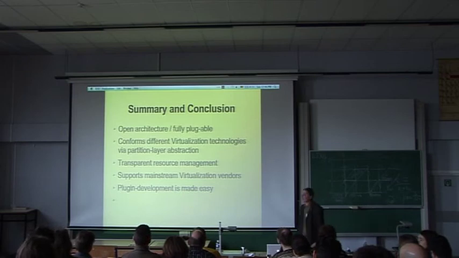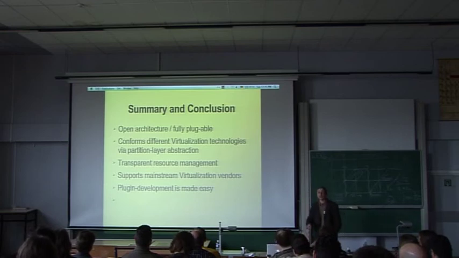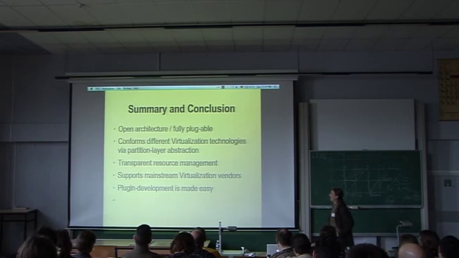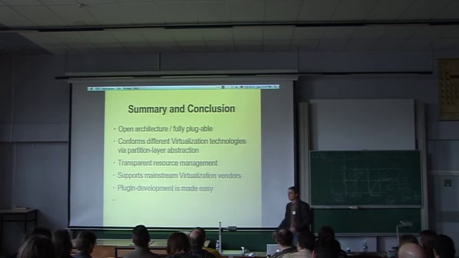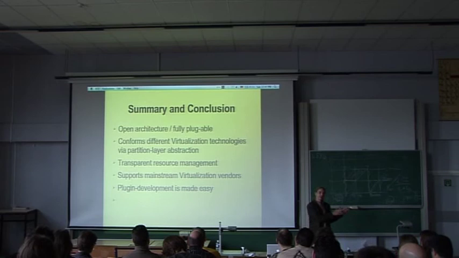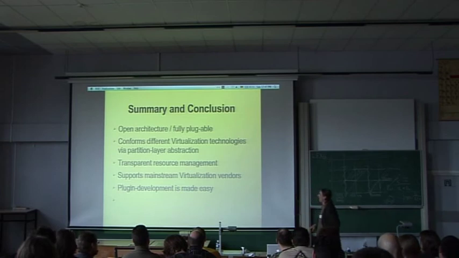There's a well-defined plugin API. openqrm itself conforms to different virtualization technologies via net booting and via the generic partition layer inside the base server. What we benefit from is completely transparent resource management: physical boxes and virtual machines on one side, server images, my root file systems and applications on the other side, and I can just deploy on whatever I want, either physical or virtual machines.